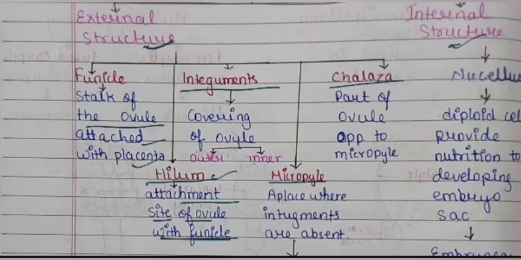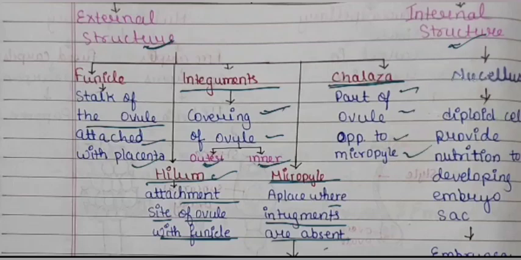Now integuments are the covering of the ovule, which is further divided into two parts, outer integument and inner integument, okay. Now the micropylar end is the place where integuments are absent, which is just opposite to the chalazal pole. Now the chalazal pole is the part of the ovule opposite to the micropyle.